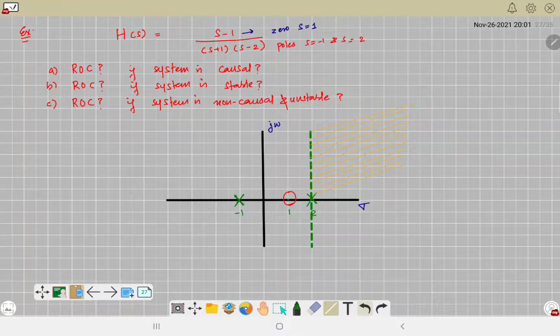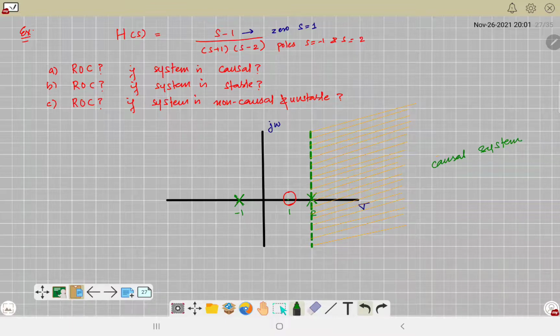So if you have a system function whose region of convergence is like this, then this will correspond to a causal system. So this is my causal system for this particular system function.